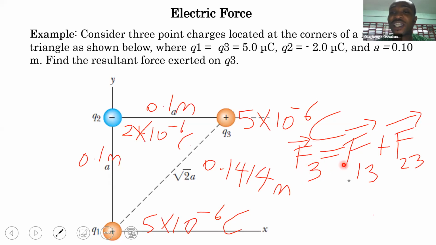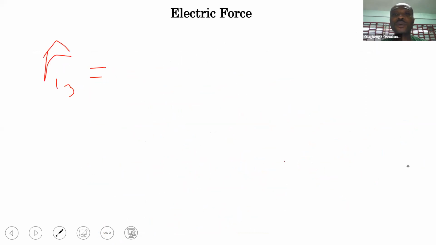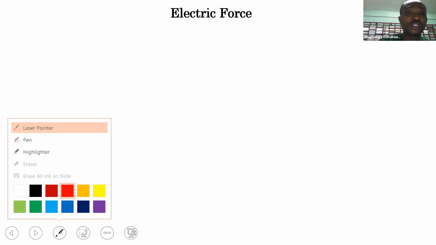The force that Q1 is exerting on Q3 is described as F13, while the force that Q2 is exerting on Q3 is described as F23. So we need to determine what is F13 and what is F23, and we have to determine them as vectors. So before we do that, I would like to just show a simple analogy.